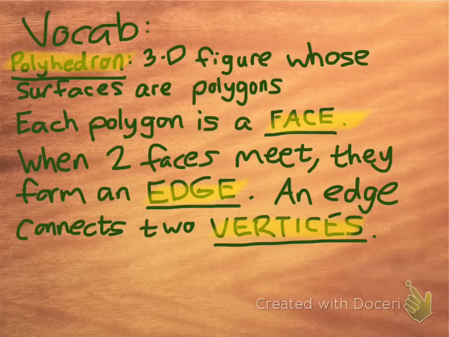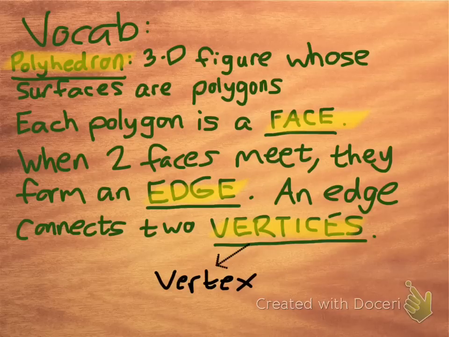When two faces meet or intersect, they form an edge. So that line that they meet at forms an edge, and I'll show you a visual of this in a second. And an edge connects to vertices. Now, it's common for you to hear someone say, oh, one vertice. Well, the singular for this is a vertex. So don't call it a vertice. It's plural vertices, singular vertex.